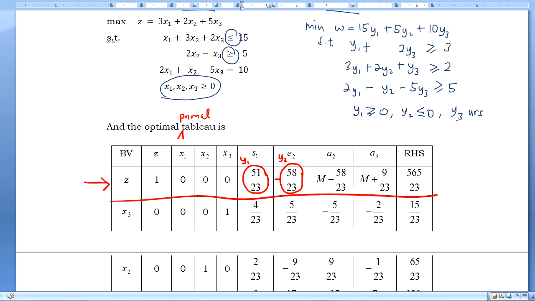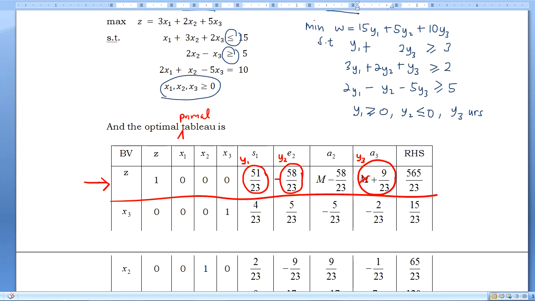And y3 corresponds to the third constraint in the primal. The third constraint is an equality constraint. Therefore, y3 is equal to the coefficient of A3 then minus M, because we need to eliminate the M.